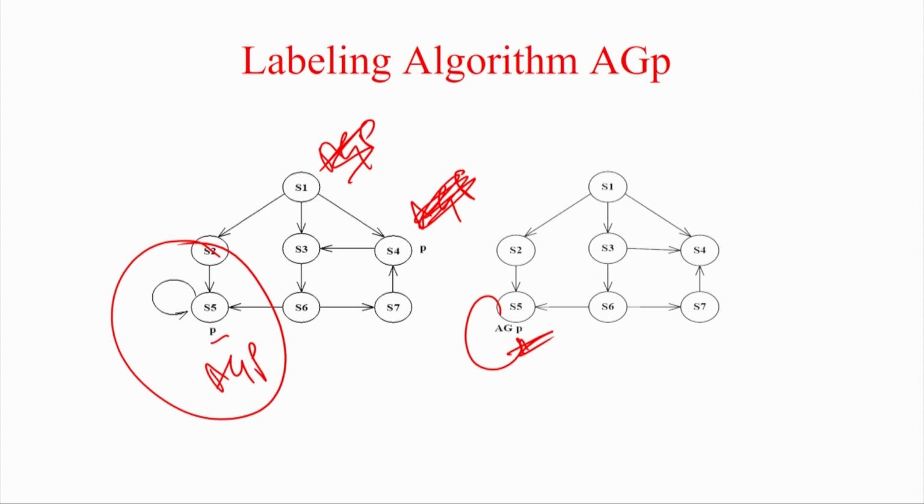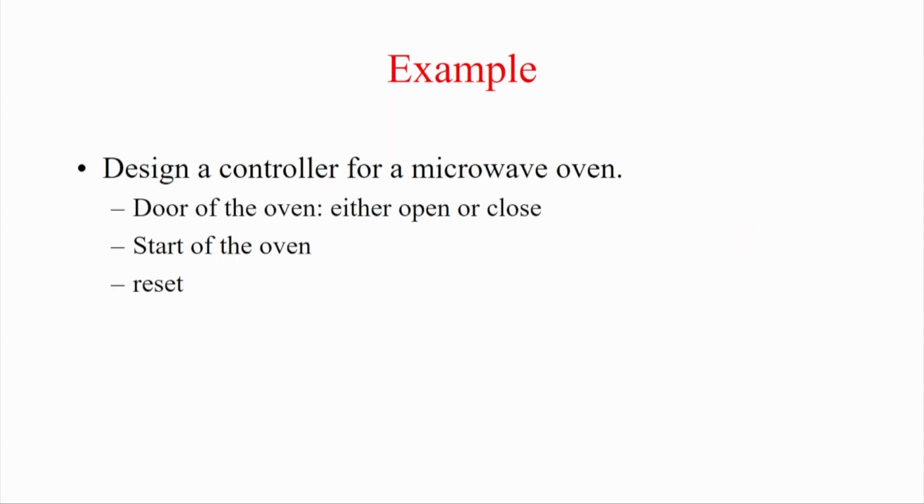In fact, what we have done is first label all the states with AGP, including this, and then we find there is a path where the successor with AGP is not labeled because P is not true over here, so I will delete it. Similarly, the labels go from all the states; only the one remaining here will stay because it is a self loop and AGP is true over here.